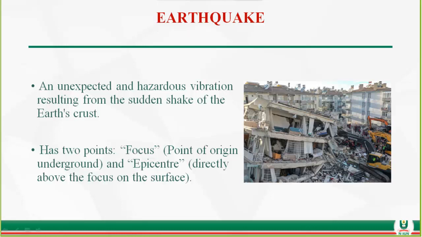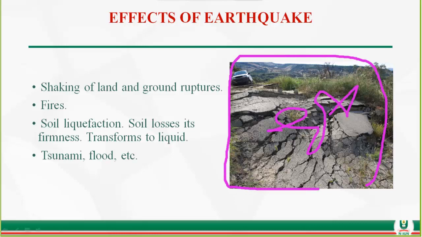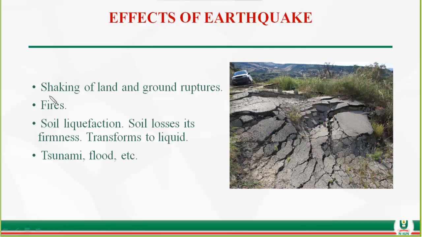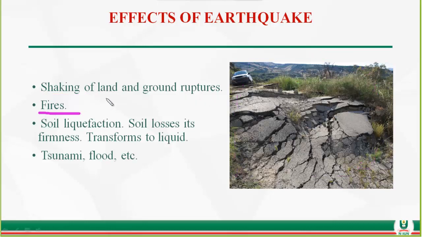Let's now look into the effects of earthquake, just like we saw the effects of a tsunami. You can see how damaging an earthquake has been to this piece of land. It is the shaking of land and ground ruptures. It shakes the land, and it ruptures the ground. It can also cause fire. How?